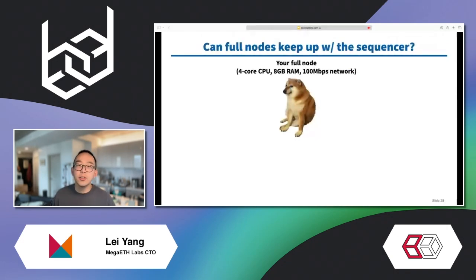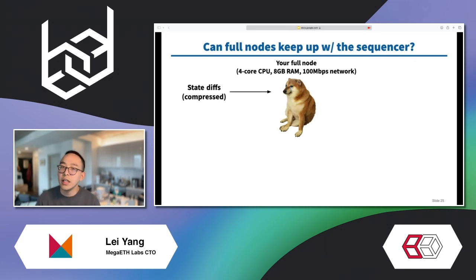But actually, sequencers are not the main problem. The real question here is whether the full nodes can keep up with the beefy sequencers. So now this is your full node. It might be a used laptop sitting on your desk, and maybe it has 4 cores, 8 gigabytes of memory, and 100 megabit per second network connection, which is tiny compared to the sequencers. How can it keep up?